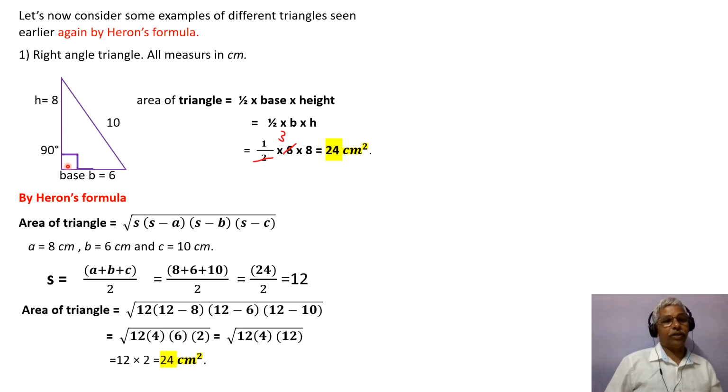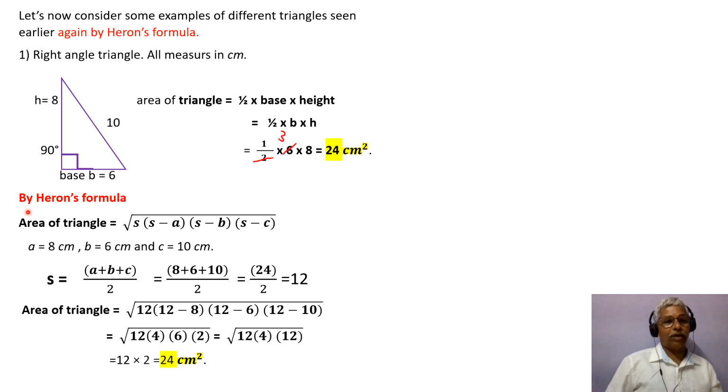This is a right angle triangle, all measures in centimeters. Height is 8, hypotenuse is 10, and base is 6. So area of triangle equals half into base into height, that equals half into 6 into 8, which is 24 centimeters square. We have seen this earlier.